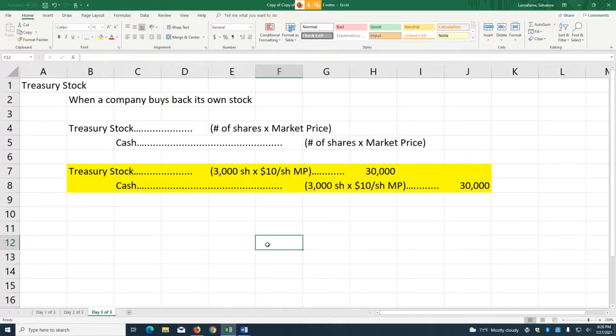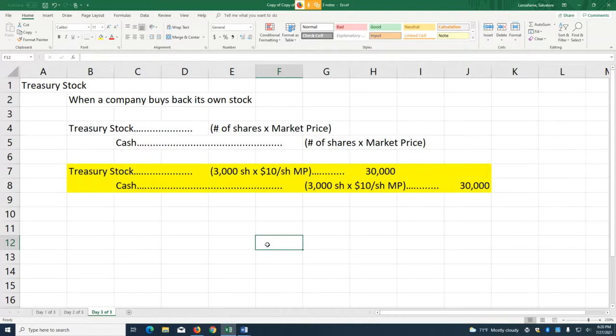When a person's dribbling the ball and they pick up their dribble, they can pivot on one foot. They can go this way, they can go that way, but if they start dribbling again, it's a double dribble. So I came up with my own phrase for this $10, and I call it a pivot value, using the basketball analogy. I've been doing that for 30 years. It's nothing that fancy.